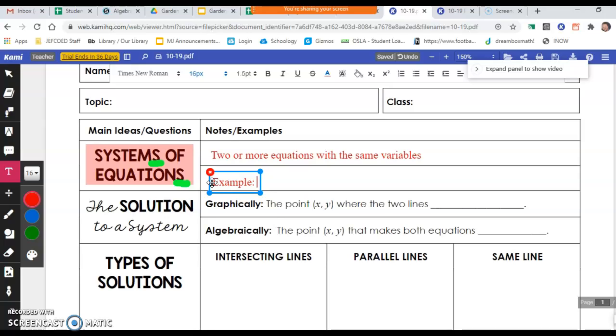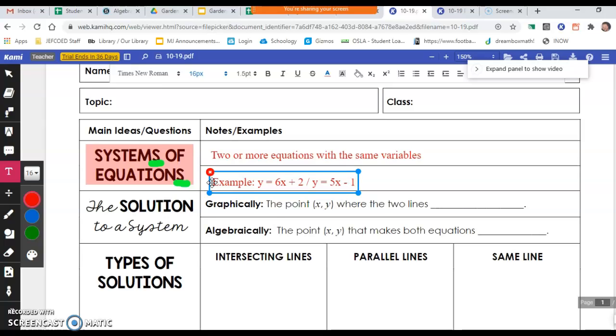Okay? Now, if we're looking at this, let's just say, for example, we have y equals 6x plus 2. And then we also have y equals 5x minus 1.